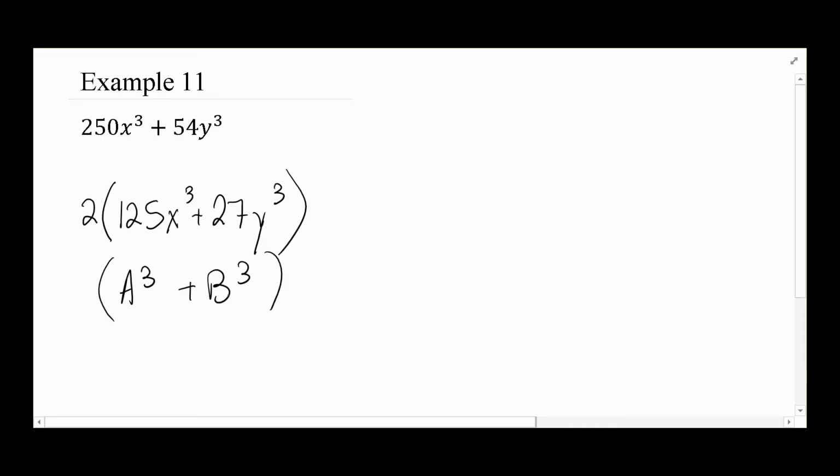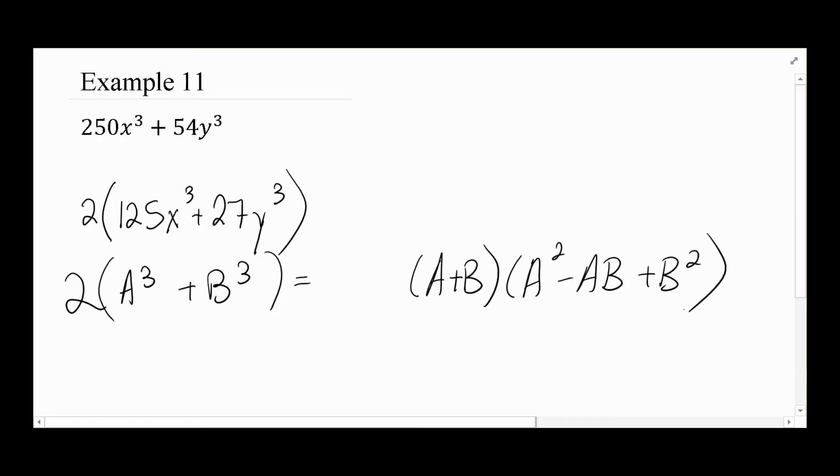Now keep in mind, we factored this 2 out, and it's got to stay there. So when I look at my factoring formula for a cubed plus b cubed, and I write it down as a plus b times a squared minus ab plus b squared, I got to keep in mind there's a 2 out front there. No matter what, that 2's got to stay there. I factored it out. It's not going away.